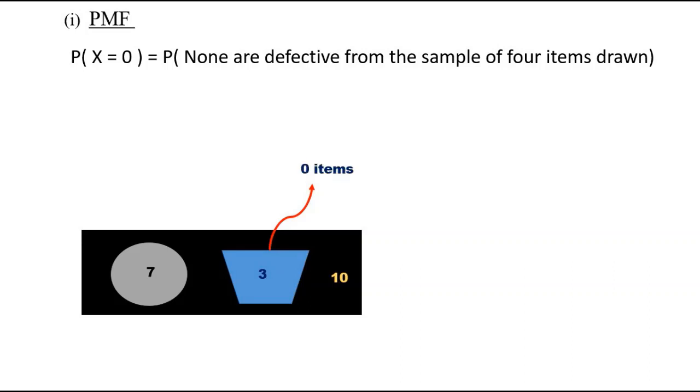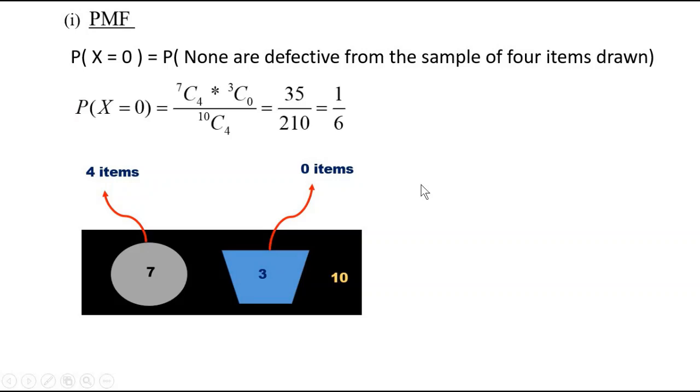That means we are not selecting any items from defective, but from the non-defective part, we are selecting 4 items. In total, we get 4 plus 0, which is 4. That means from 7 items, we are taking 4 items, and from 3 items, we are not taking any item. So the probability will be 7C4 into 3C0 divided by the total number of ways, which is 10C4. By calculating using a calculator, we get 1 by 6.